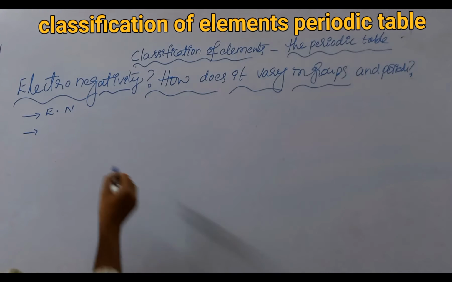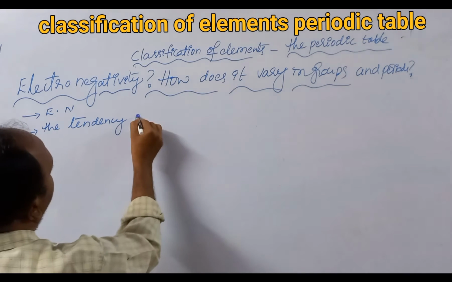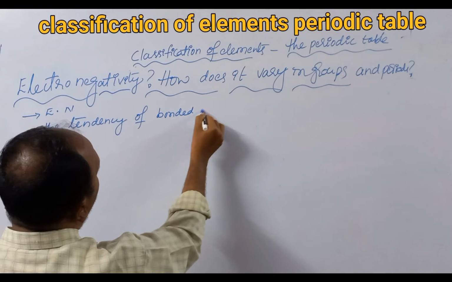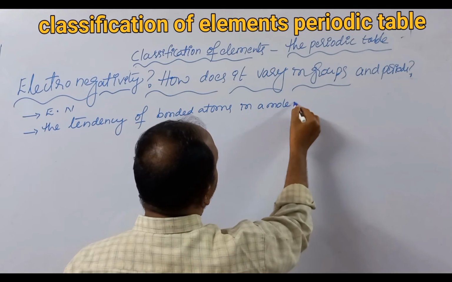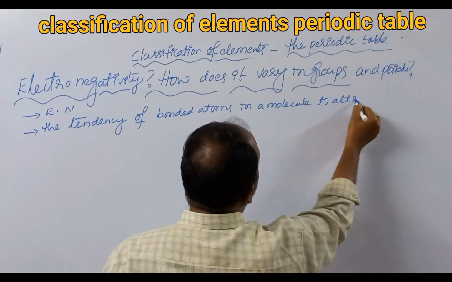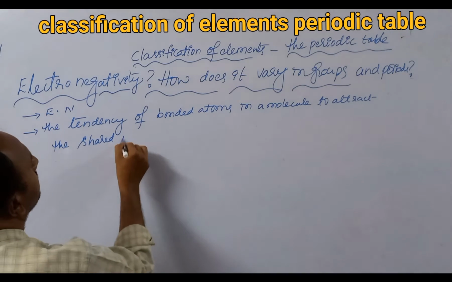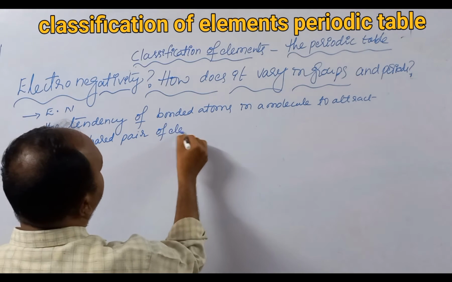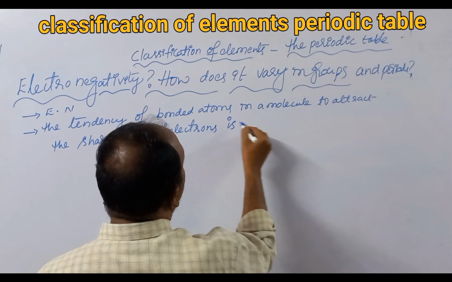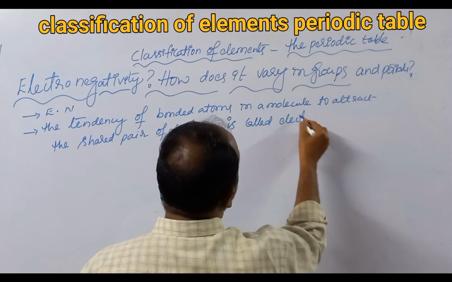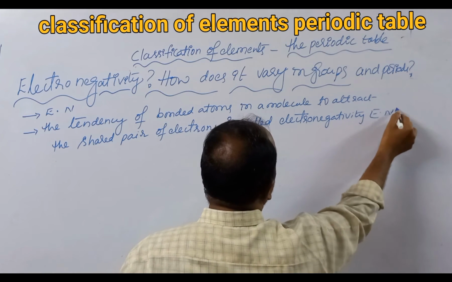The tendency of bonded atoms in a molecule to attract the shared pair of electrons is called electronegativity. It is denoted in short form by En.